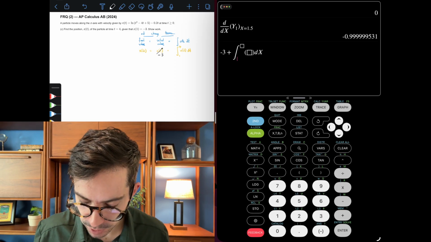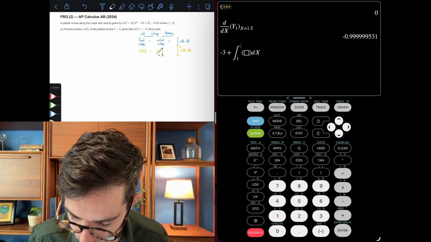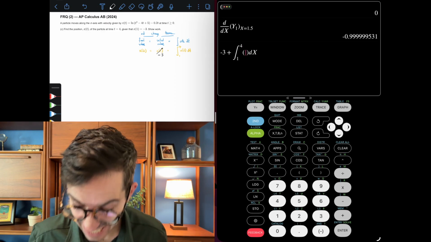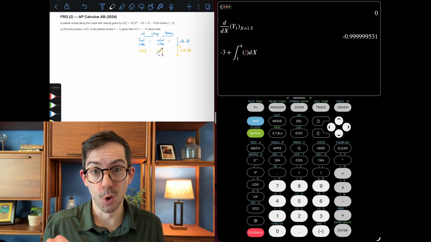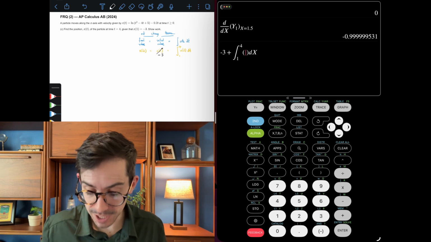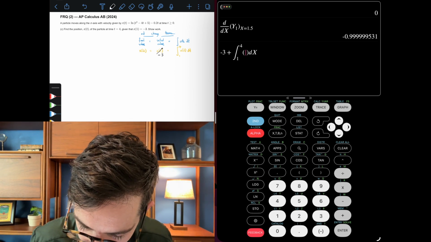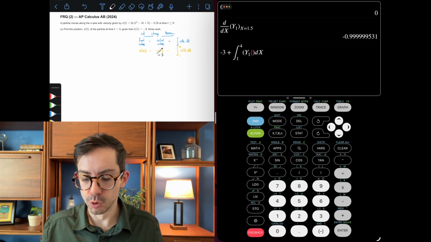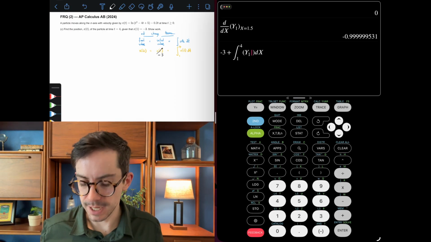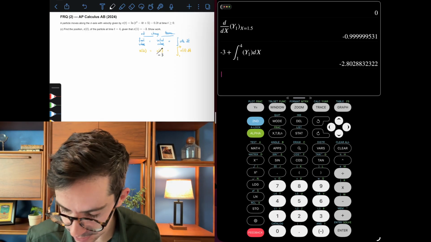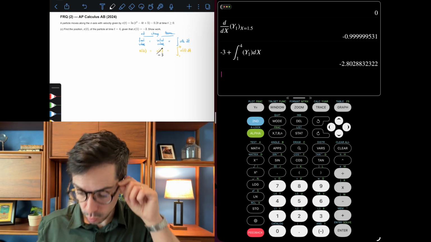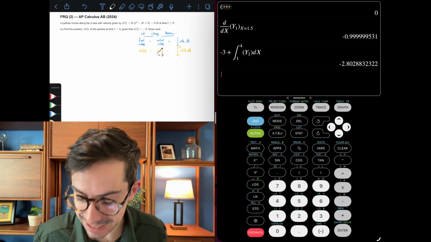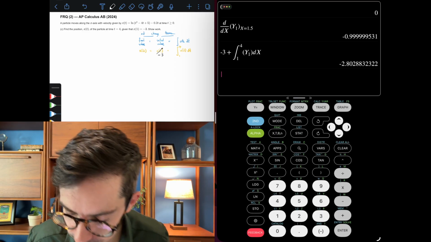I'm going to put in my bounds, 1 up to 4. Again, I have that velocity function stored under the y1 variable, so I may as well use it. Let me hit alpha, trace, enter y1. You'll select the variable x on your TI-84, and now we'll just hit enter. So, to 3 decimal places, this is negative 2.803.